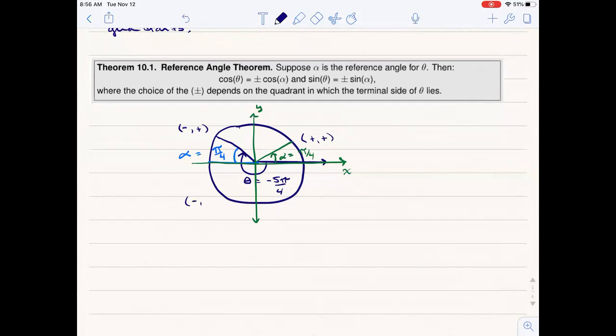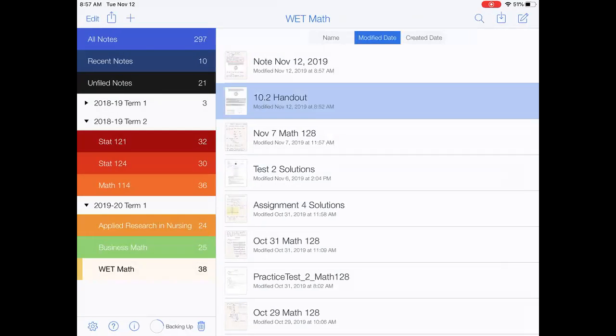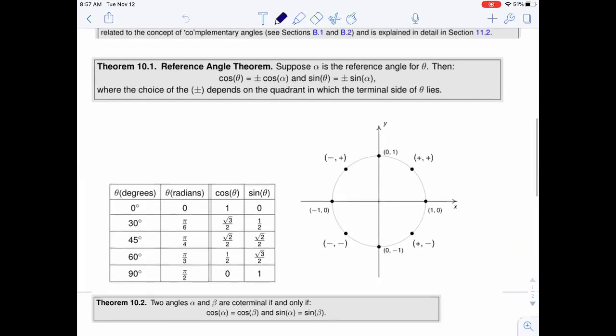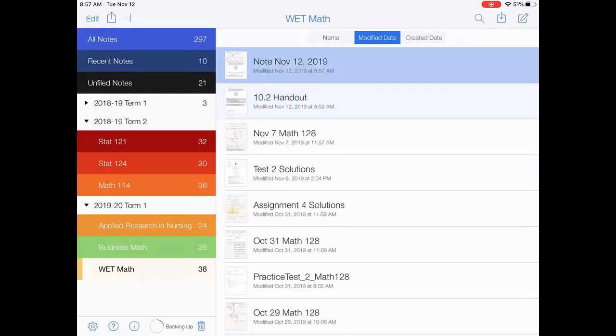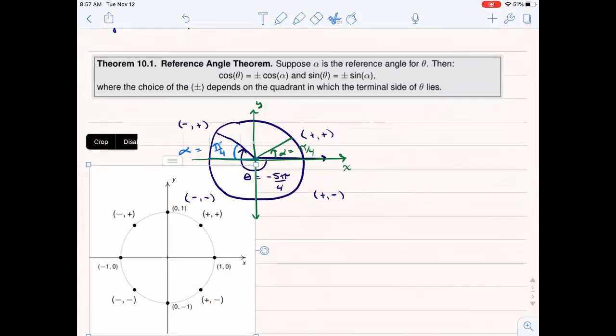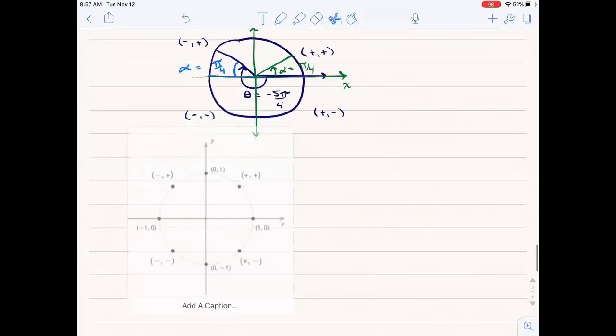But we're going to have negative, negative. And over in the fourth quadrant, we're going to have positive, negative. And so this is on your handout. And it looks like this.